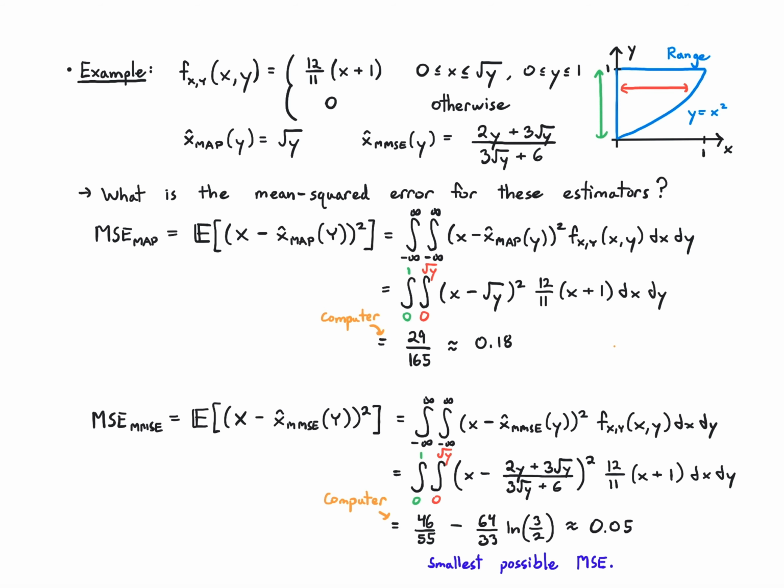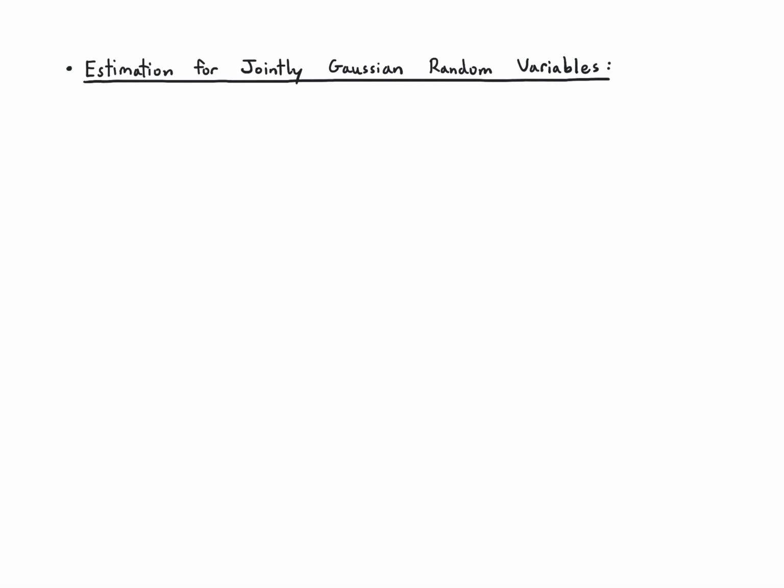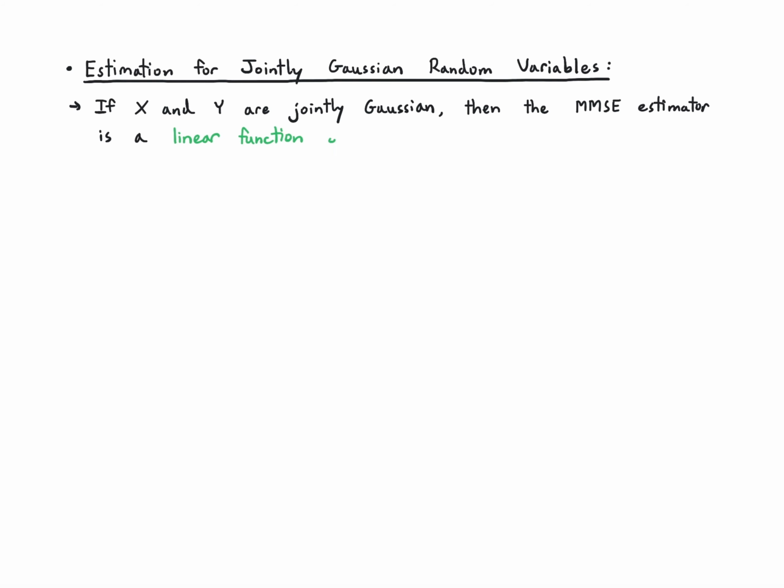The last thing I want to tell you is that jointly Gaussian random variables are special. When you encounter them in the context of estimation, things are quite nice. The reason is, if x and y are jointly Gaussian, then you're always going to know that the MMSE estimator, the best possible estimator, is a linear function of y.